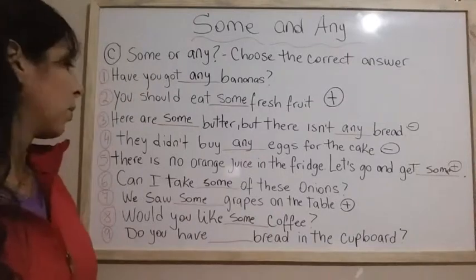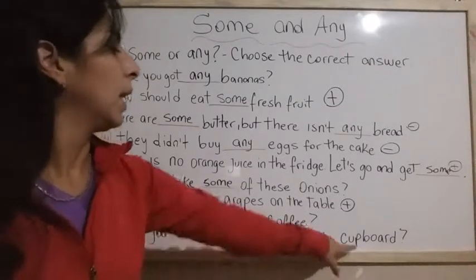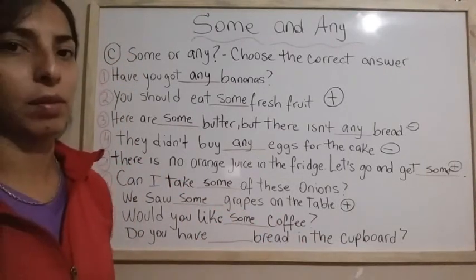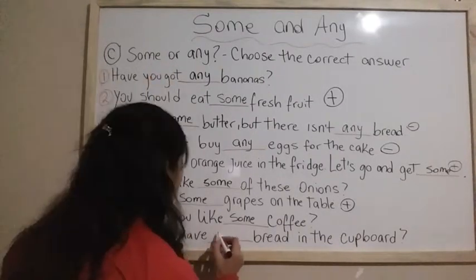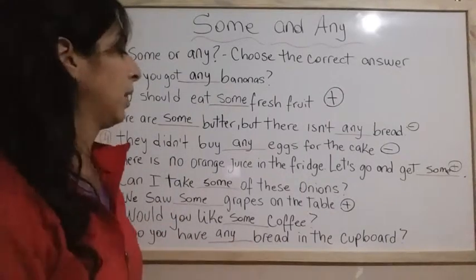And the last question is, do you have blah blah blah bread in the cupboard? We have a simple question, okay? So in this case, we have to use the word any. Do you have any bread in the cupboard?